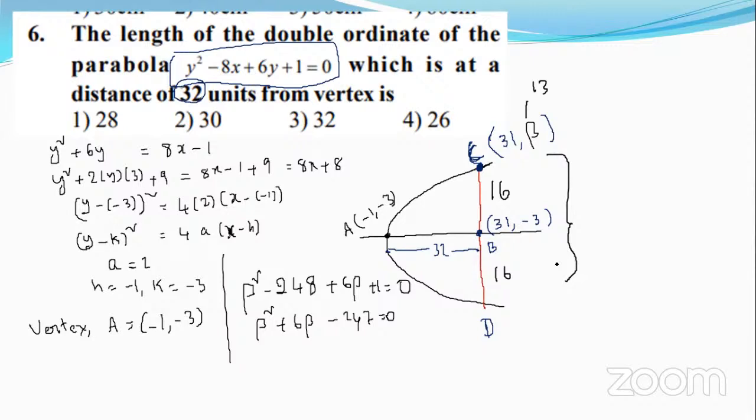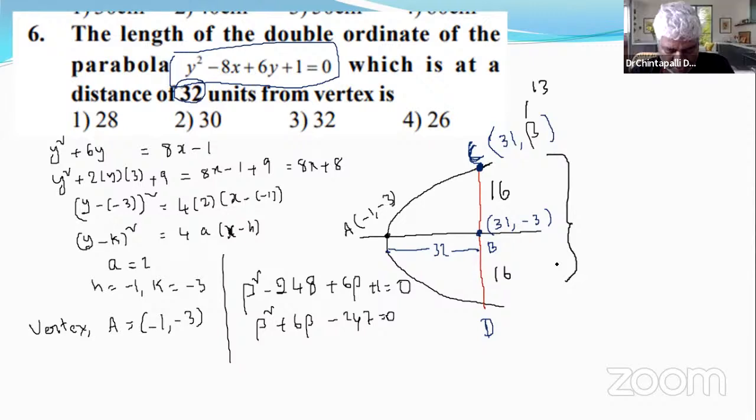Option 3. And surprisingly, there is a shortcut to do it. That shortcut is just to teach this process; I didn't reveal it in advance. It is 4 times the square root of a times k, where k is the distance.